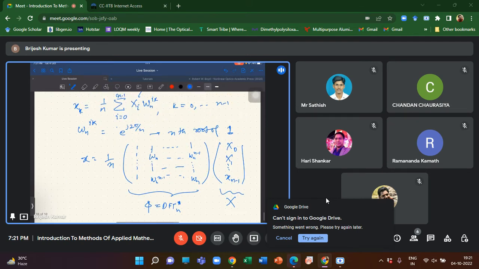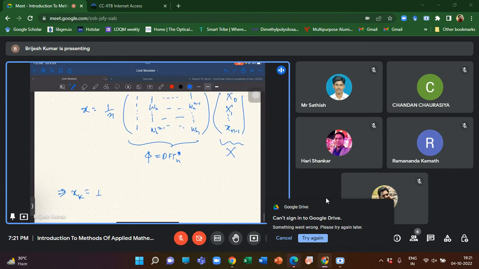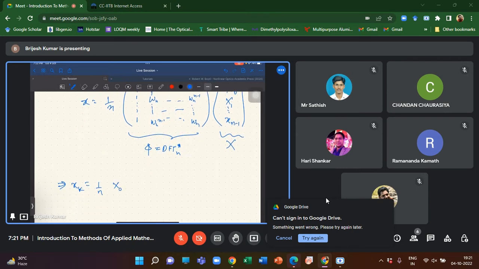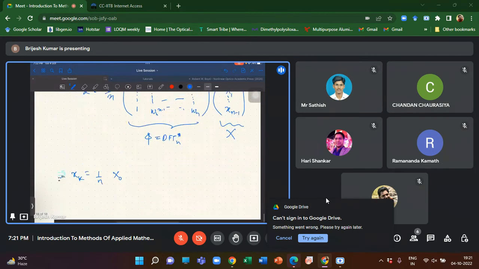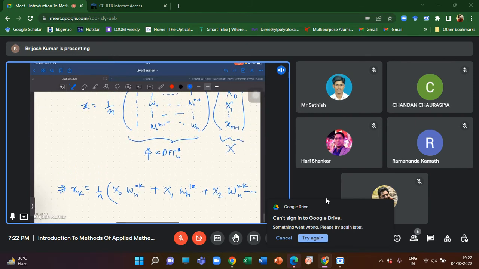If you express this one, then xk you can write as 1 by n summation, we will open: x0, taking from 0, and here it will be wn 0k, and similarly plus x1 wn 1k, plus x2 wn 2k, and so on. So this is something like a dot product.